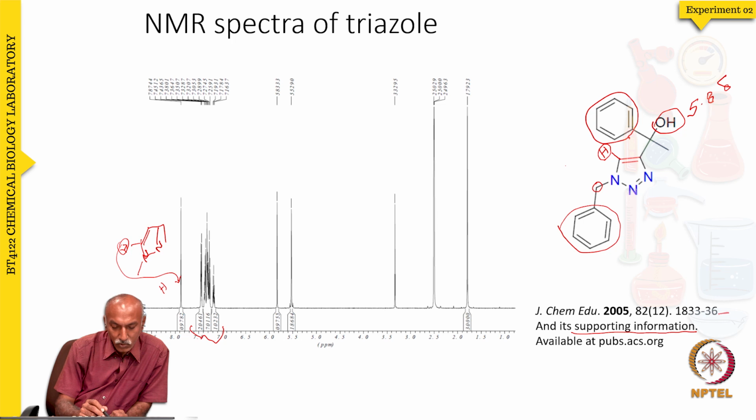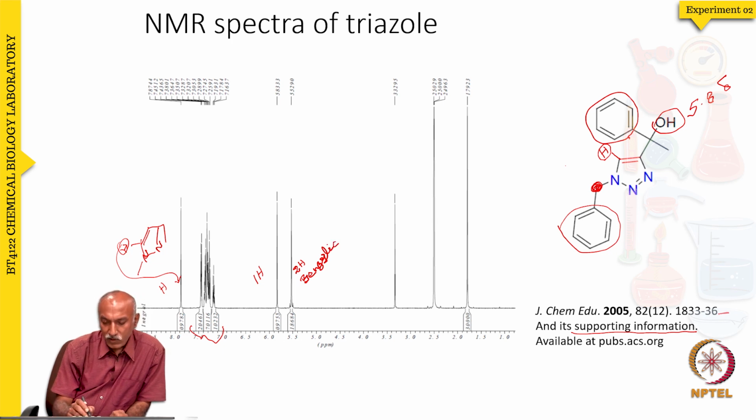And you see this is for one hydrogen, this is for 2 hydrogens. The 2 hydrogens belong to the benzylic position, that is the benzylic hydrogens, for the 2 protons.